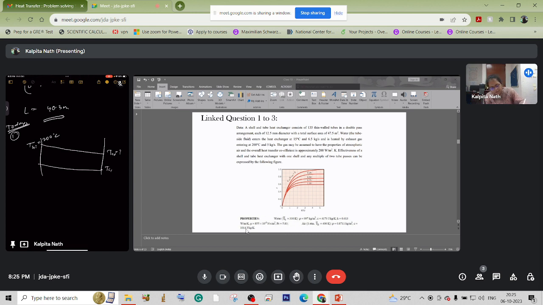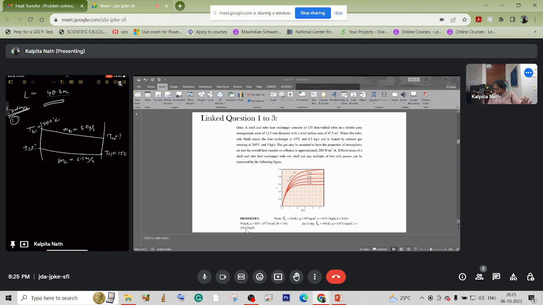And the inlet temperature of the cold fluid is 15 degrees Celsius and the outlet temperature we don't know. Now the mass flow rate of the hot fluid is 5 kg per second and the mass flow rate of the cold fluid is 6.5 kg per second. It's already given.